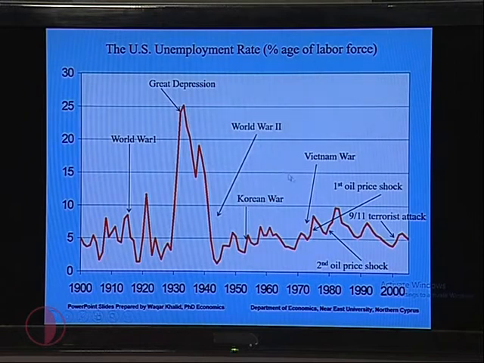Similarly, look at the Korean War, Vietnam War, different oil price shocks, and the 9/11 terrorist attack. This graph is fluctuating over time. The US economy has fluctuated hugely in terms of the unemployment rate over the last century.